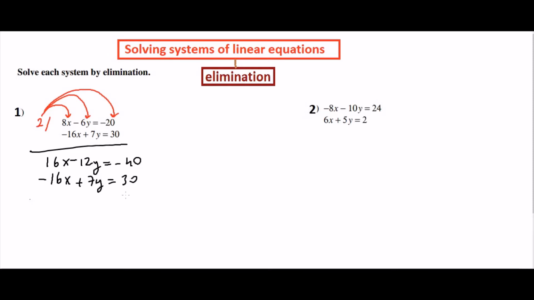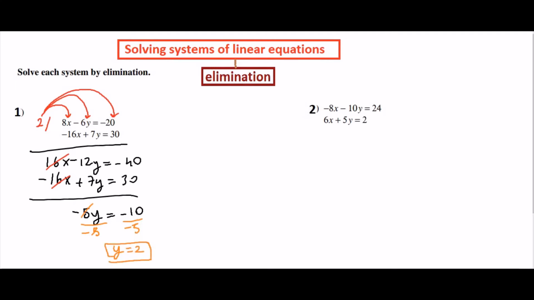Now I'm going to add up the 2 equations. 16x cancels negative 16x, and negative 12y plus 7y is negative 5y, and negative 40 plus 30 is negative 10. Since I'm solving for y, I divide both sides by negative 5. So y equals negative 10 divided by negative 5, which is 2.